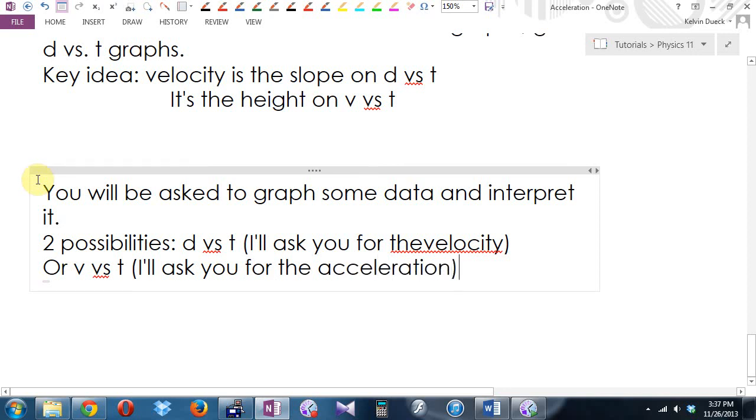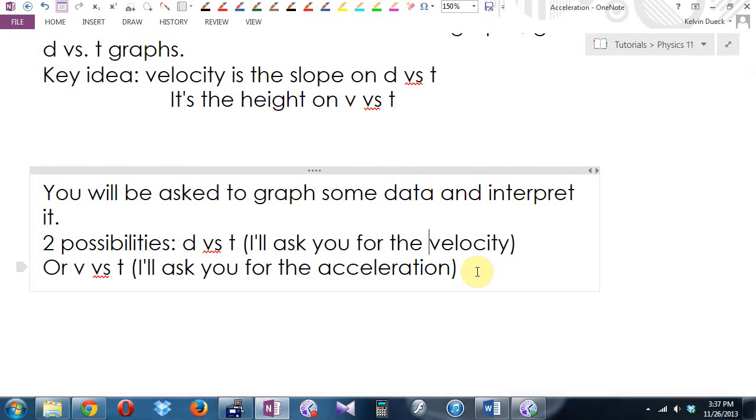If you carefully graph on graph paper a distance versus time graph, and I say, hey, tell me the velocity, how the heck would you find the velocity? Slope, rise over run. I won't give you a curved one, because you need calculus to do that.